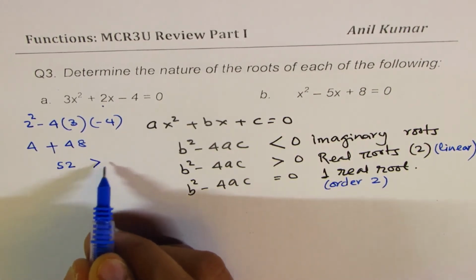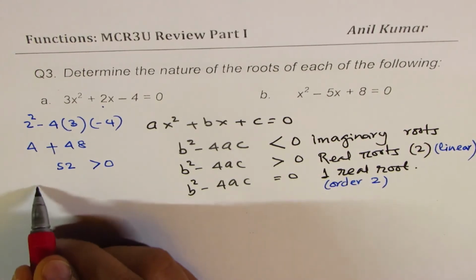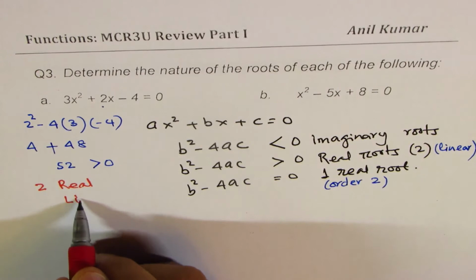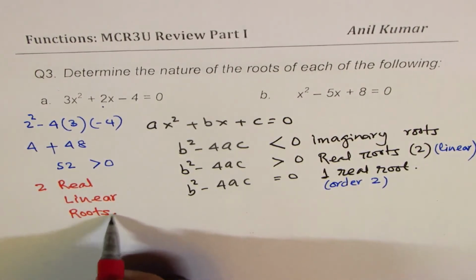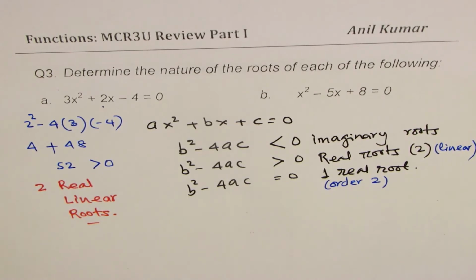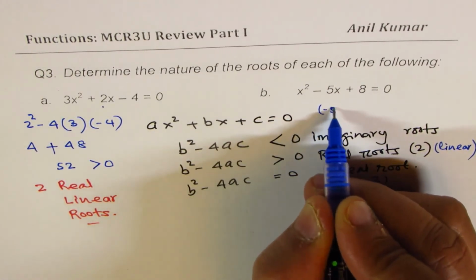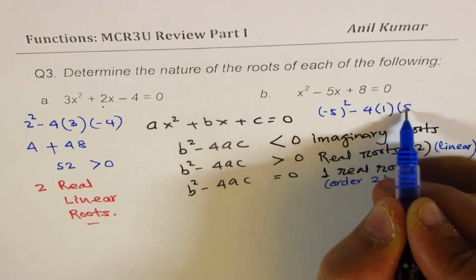Now since this is greater than 0, what do we have? We have 2 real linear roots. Is that clear? For the second one, b is minus 5, so b squared minus 4ac, a is 1, c is 8.